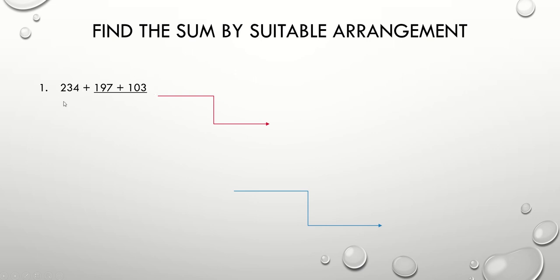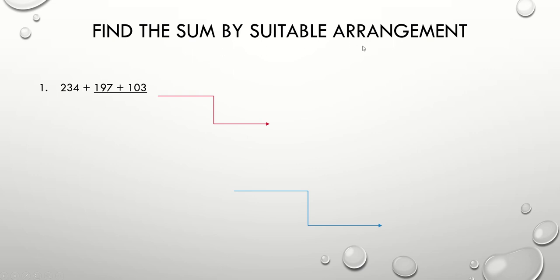You were just writing all the numbers vertically according to their place value, and you were making the sum. Now from class 6 you are not doing like that. You are not adding these numbers vertically, because the question is to find the sum by suitable arrangement.